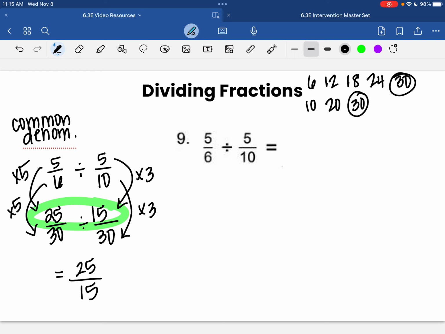But that is an improper fraction, so I can rewrite that as 1 whole and 10/15, or 1 whole and 2/3. Now, another way that we could do this is by multiplying by the reciprocal.